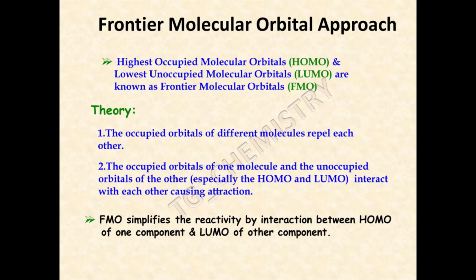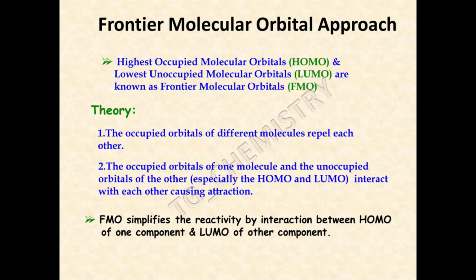Then the term HOMO, the highest occupied molecular orbital, and LUMO, which represents the lowest unoccupied molecular orbital. In FMO theory, the occupied orbitals of different molecules repel each other, whereas the occupied orbital of one molecule and the unoccupied orbital of another molecule, that means the HOMO of one molecule and the LUMO of another, interact with each other, causing attraction. So this is the attractive kind of interaction.